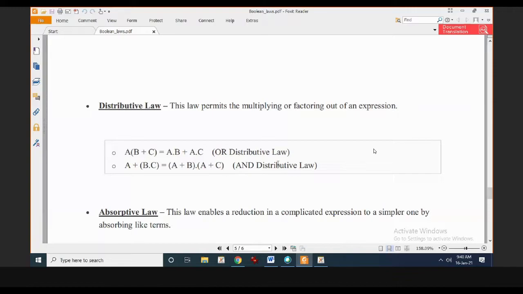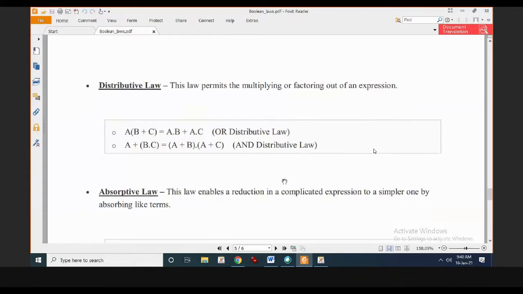Again, the OR distributive law: A into B or C is equal to A and B, or A and C. And the AND distributive law: A or of B and C is equal to A or B, and A or C. It's not English 'and' or, it is logical AND OR. Okay, capital letters.